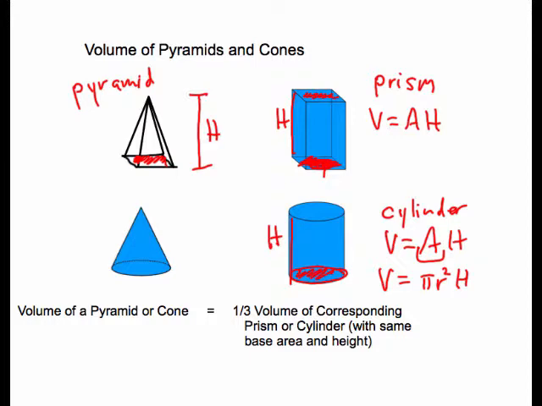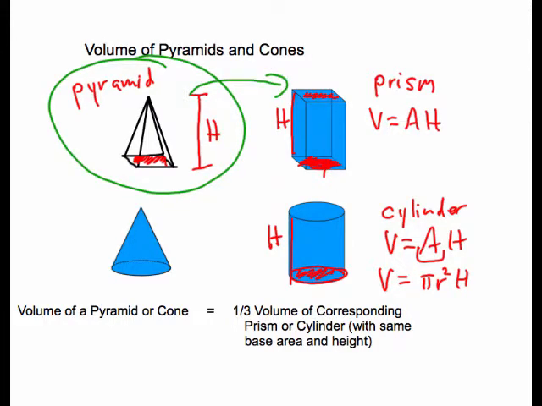In classes you would have talked about the relationship and perhaps shown this in a number of ways. If you were to fill the pyramid with water and pour it into the prism, you would find that the volume of the pyramid is a third the volume of the prism. In other words, it would take 3 of these to fill one of those, again assuming that the base and the height are the same.